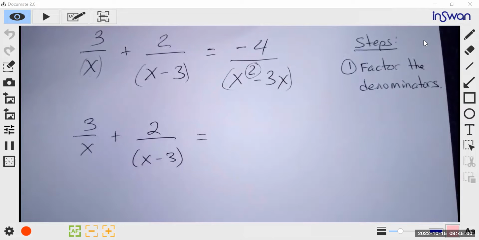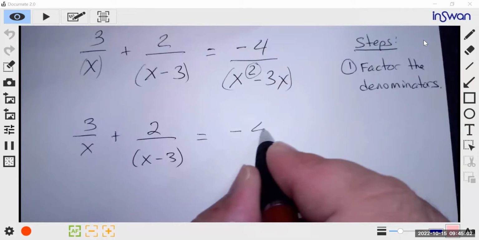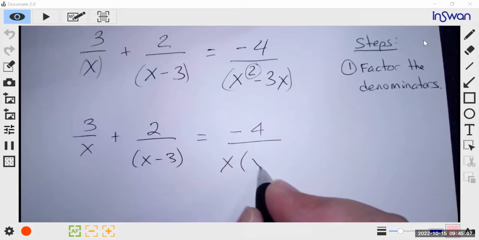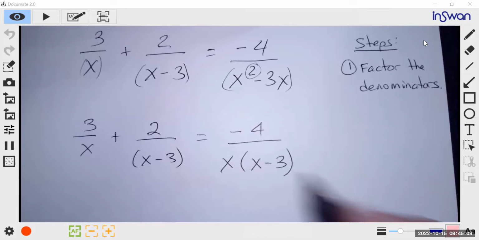So what do they both have in common? They both have an x. So I take out one x, which will leave me x minus 3 in the denominator.